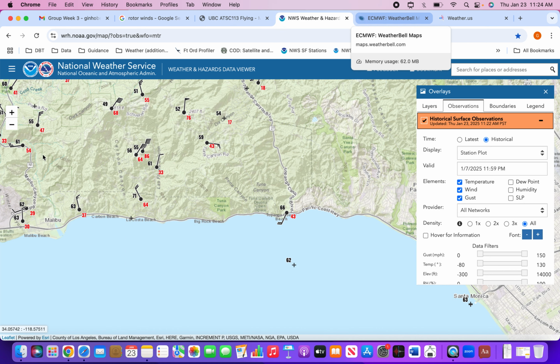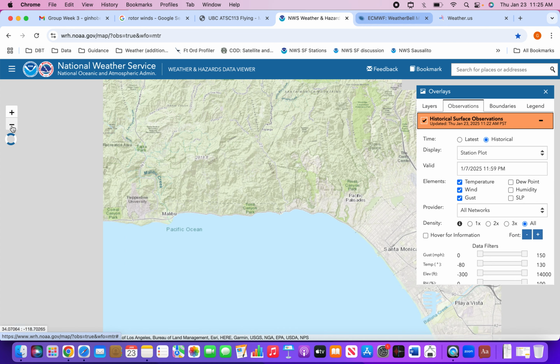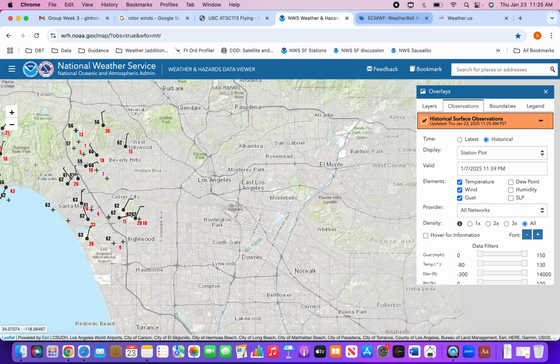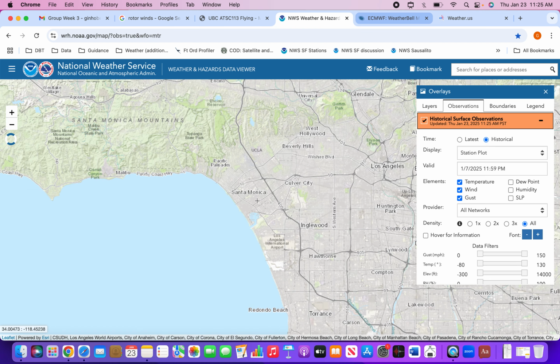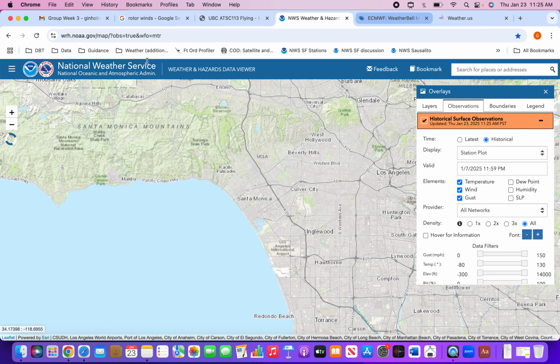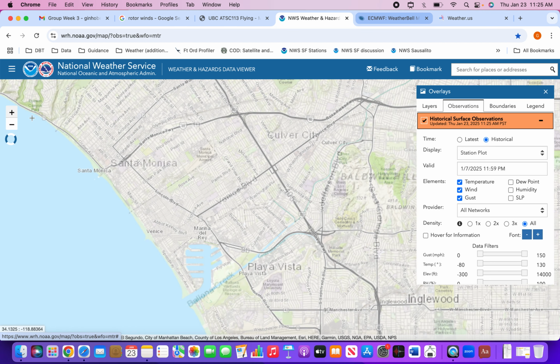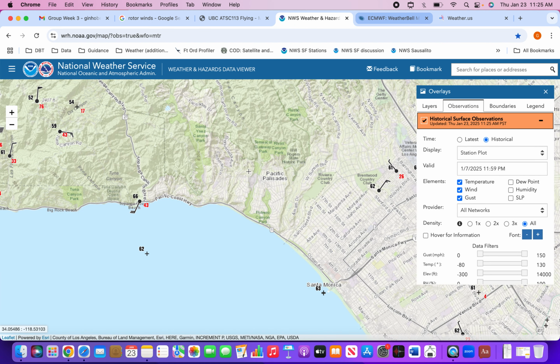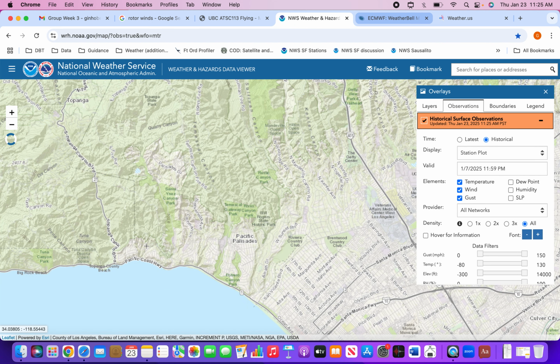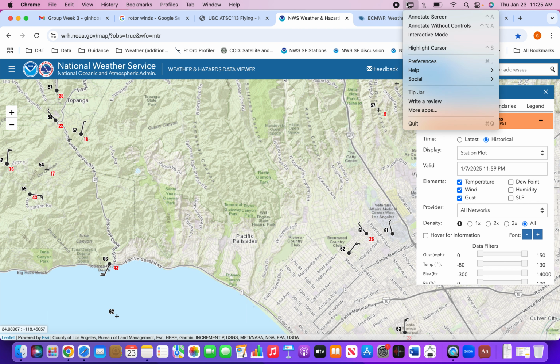Now, let's talk about why these fires occurred specifically in these areas. Why was Pacific Palisades, for instance, more prone to this? It's because this area is right at the edge of all these canyons, and I was talking about the wind funneling effect.